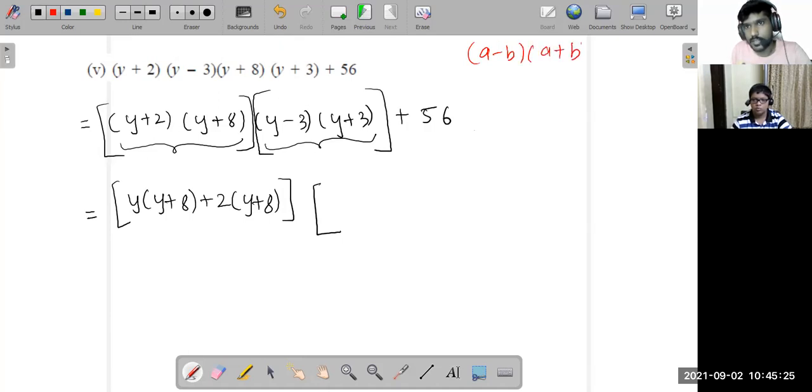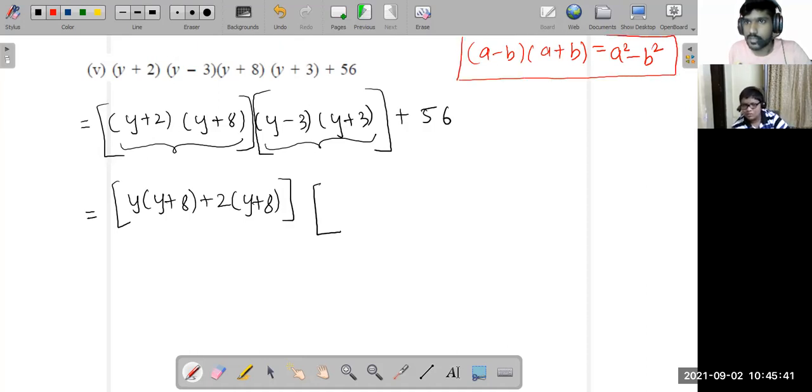What is this formula? a square minus b square. Do you remember? I think so, sir. Yes. a minus b, a plus b is a square minus b square.